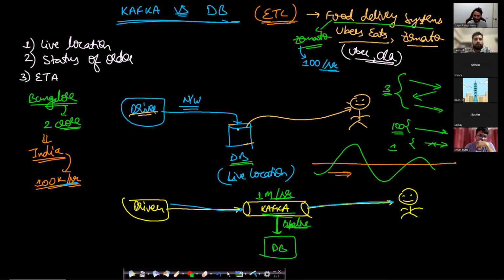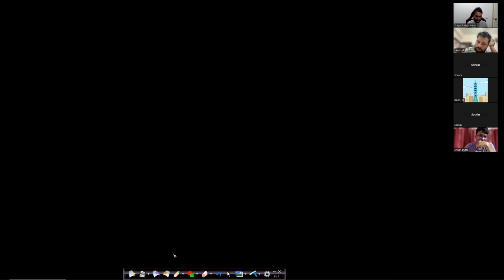Along with that, if you have a higher latency of write, then the overall latency to pass a message from one side to another increases, and we want to reduce it. So Kafka has lower latency of write, DB has higher latency of write. I think we got enough points to validate that we should care about Kafka. This was just a discussion of why we should care about Kafka.